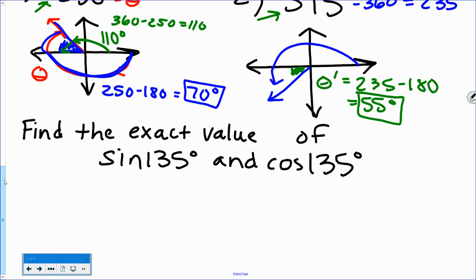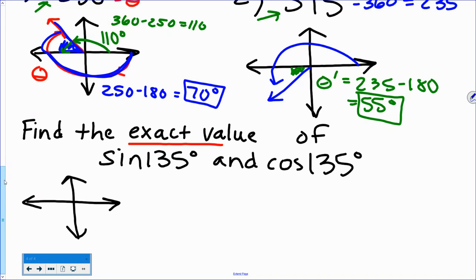If it's the exact value, there's typically a fraction and radicals in there. Yes, there are ways to do this on your calculator. We'll talk about the ways to do this on your calculator tomorrow, but your calculator will give you the decimal, and that is not the exact value that we are looking for. So we are going to use a lot of the knowledge that we have from what we've done so far in Trig. So if I look at, well, where's this located?